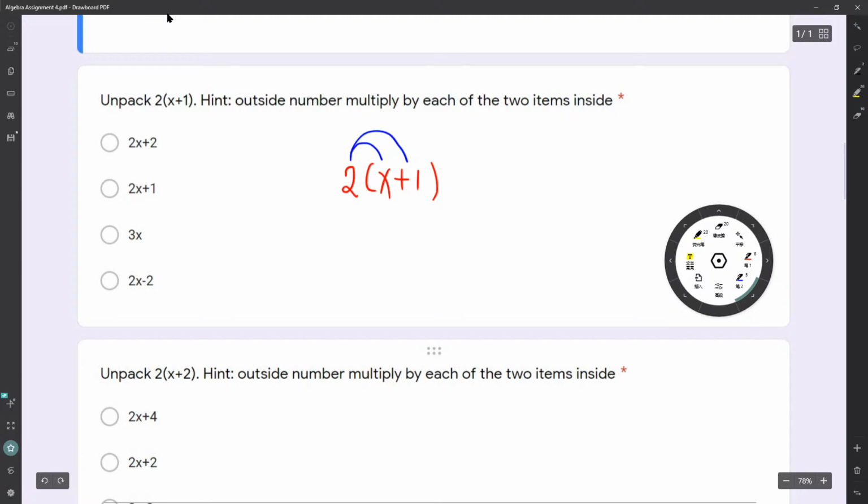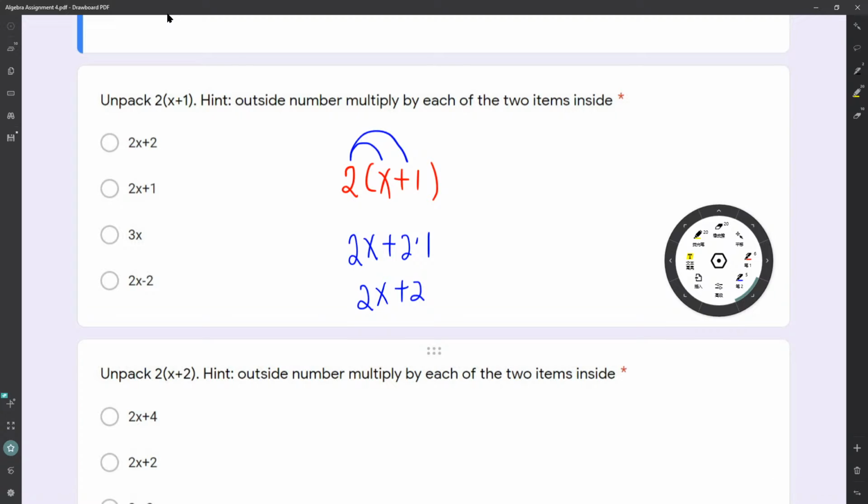So 2 times x is 2x, and then plus 2 times 1, which is just 2. So this is going to be 2x plus 2. So to unpack, 2 times x plus 2 times 1 gives 2x plus 2.